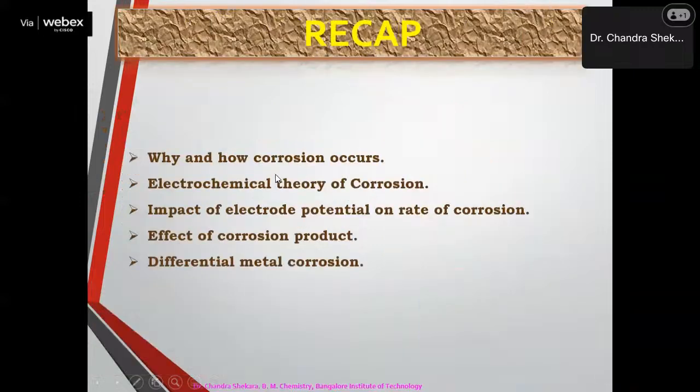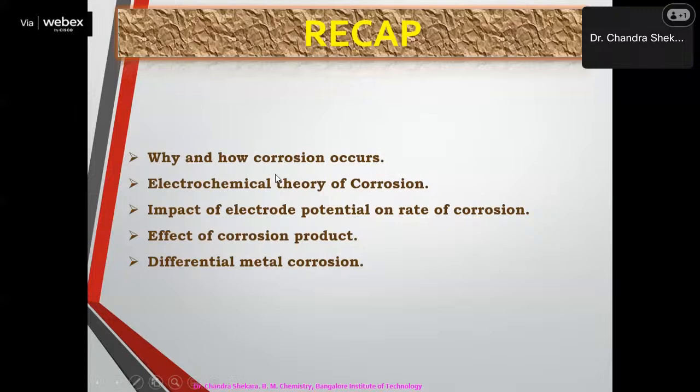Thus, in this particular presentation, we have learnt about how and why corrosion occurs, and also we have tried to understand deeply the concept involved in the corrosion of the metallic material.